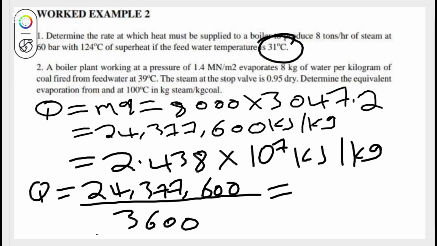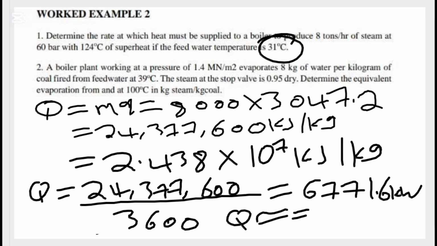So let me see what I should get. 24,377,600 divided by 3600. So at the end I'll get 6,771.6 kilowatts.